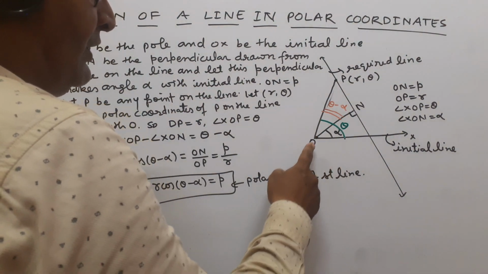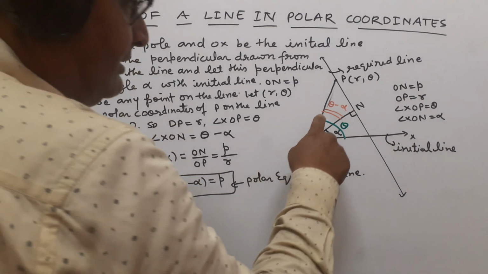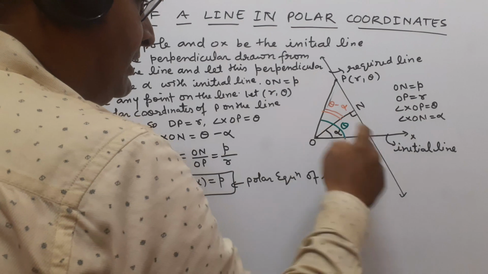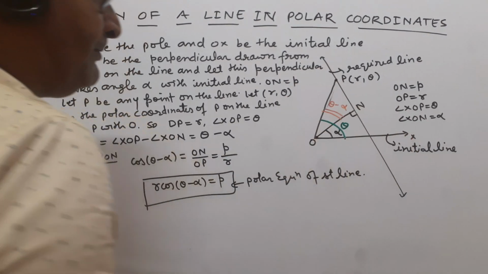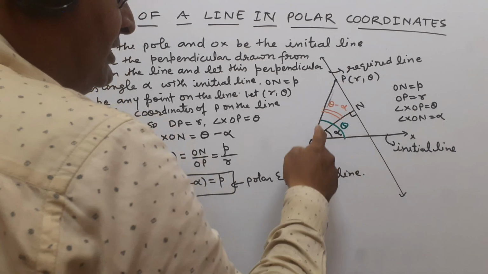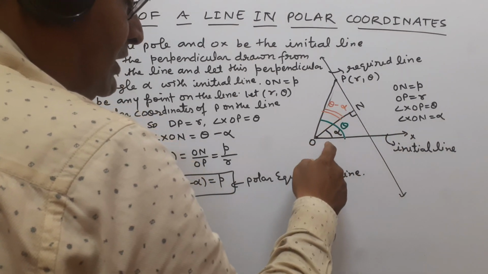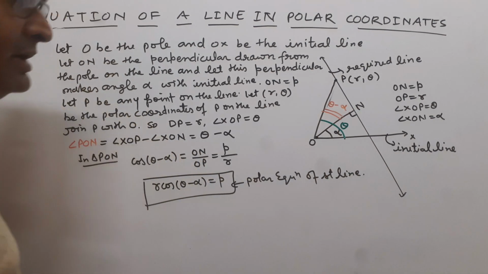Now we join P with O and get this angle PON. So angle PON is equal to angle XOP minus angle XON. Angle XOP is equal to theta and angle XON is equal to alpha. So we get angle PON is equal to theta minus alpha.